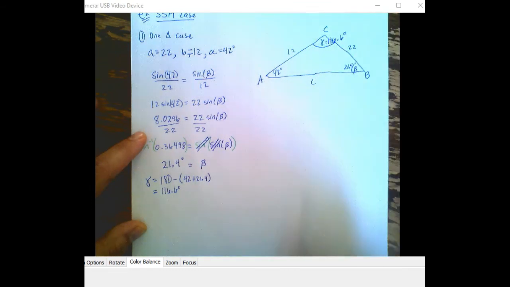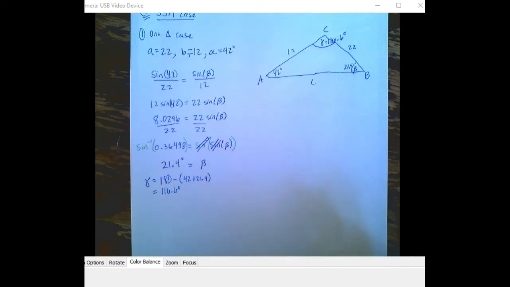So this big angle up here is 116.6 degrees.